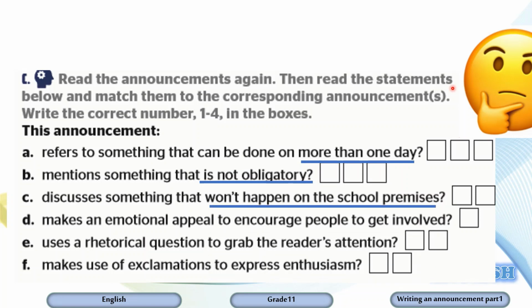Okay, so you will focus on the fact that it will not happen on the school premises. Number D, makes an emotional appeal. So which announcement makes an emotional appeal to encourage people to get involved? So which announcement addresses the emotion and feeling of people to get involved or take part?